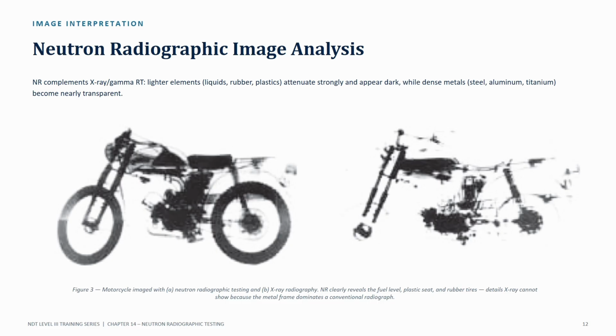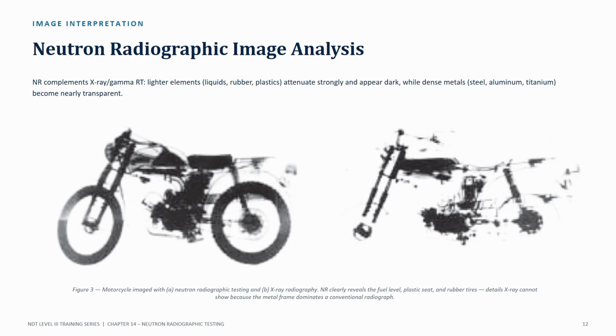Here's an important examination point. Many Level 3 candidates make the mistake of interpreting neutron radiographs using the same thought process they apply to X-ray images. Avoid that mistake. The image contrast in neutron radiography is governed by nuclear interactions, not electron density. Because of this, the appearance of materials can be completely different from what you expect in conventional radiography.